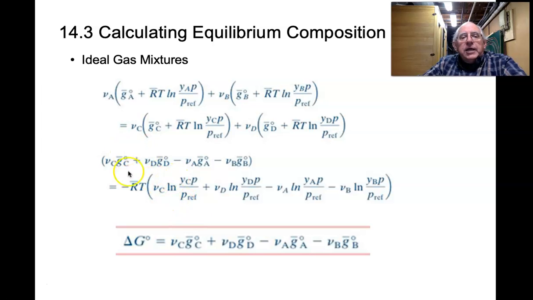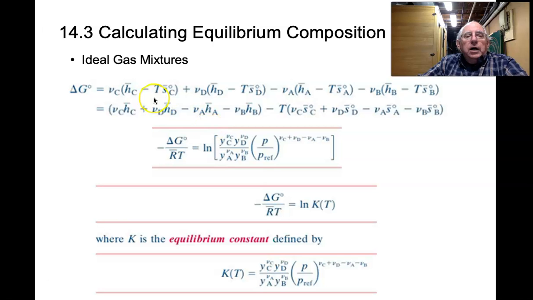If we take this equation then, it can be shown that the delta G can also be related to the enthalpy as well as the entropy.